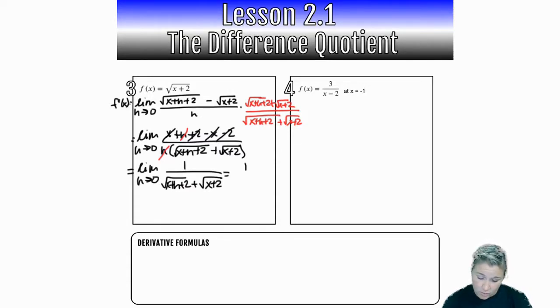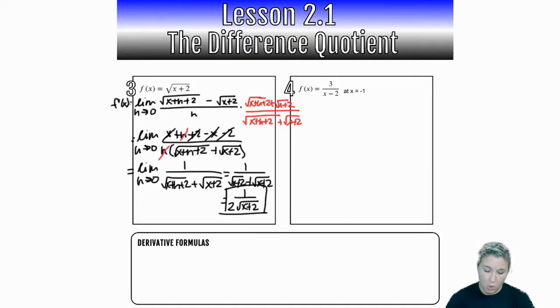So this is 1 over the square root of x plus 2 plus the square root of x plus 2. The coefficients of those are both 1, so we kind of treat those like a variable. So it's like 1 over 2 times the square root of x plus 2. And so that is f prime of x.